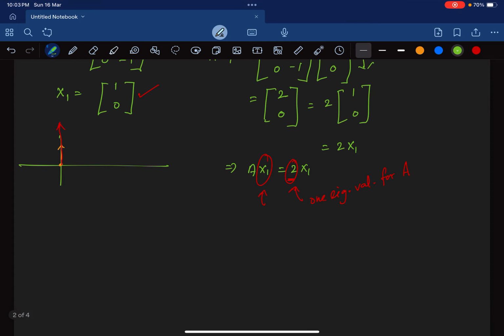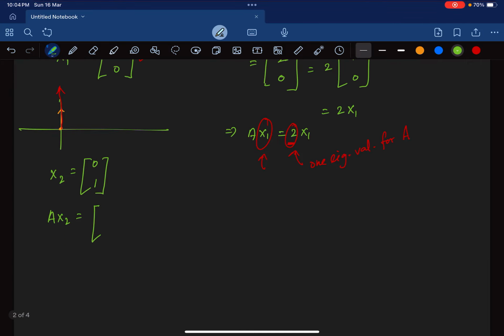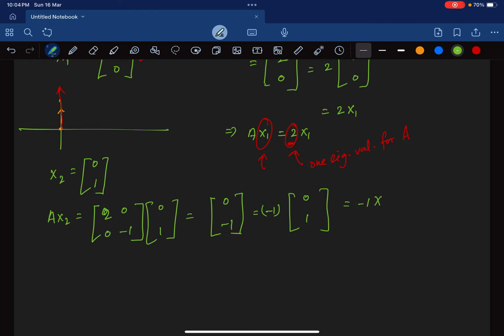Similarly, suppose x2 is equal to (0, 1). If you do the multiplication again, Ax2, the matrix [2 0; 0 -1] times (0, 1) gives (0, -1). Taking minus 1 common, you have (0, 1), which is nothing but minus 1 times x2.